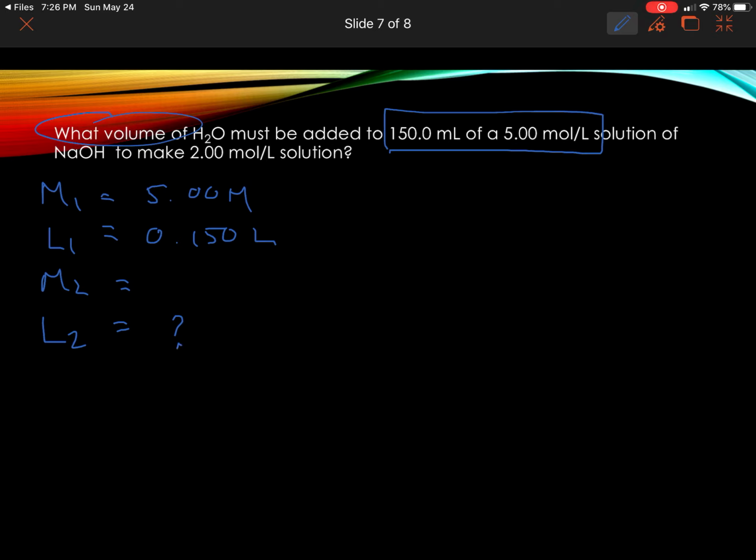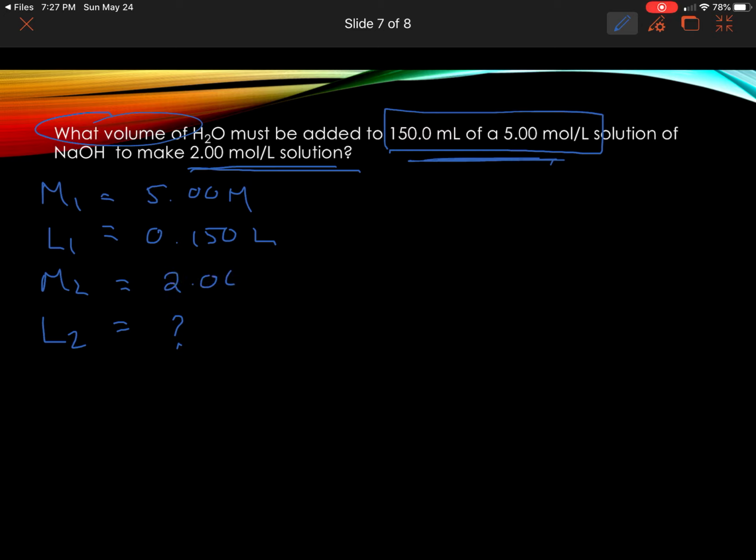The question, what volume of water do we need to make? Sorry, hold on. Oh, sorry. I said that wrong. Okay, so we start with this solution, and I want to find out how much water I need to add to that to make this.